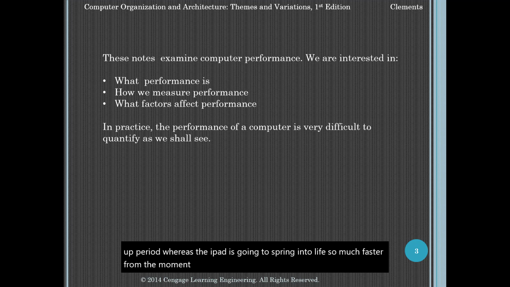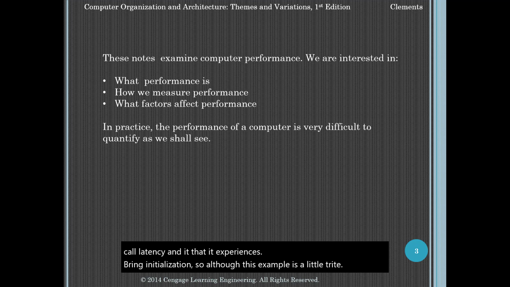Any advantage the PC has in raw processing speed is lost in the delay, or what we would call latency, that it experiences during initialization. So although this example is a little trite, it demonstrates that defining a computer's performance is far from simple.